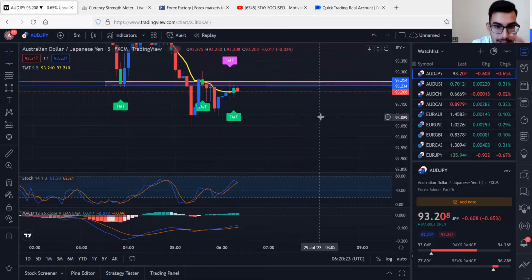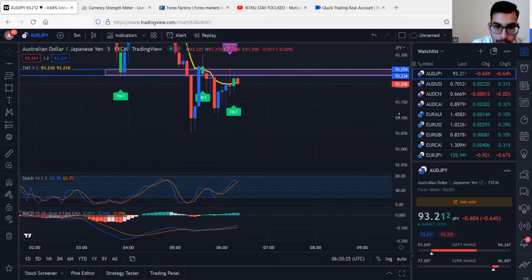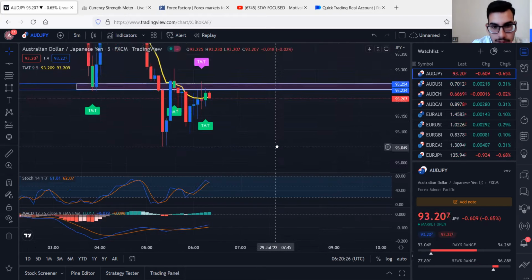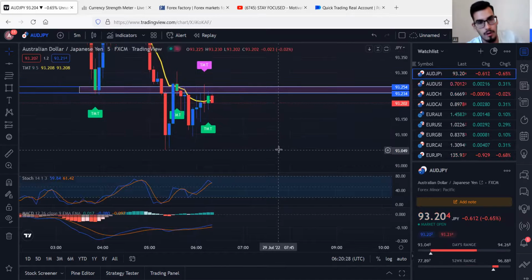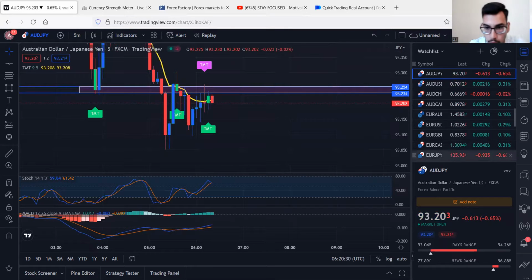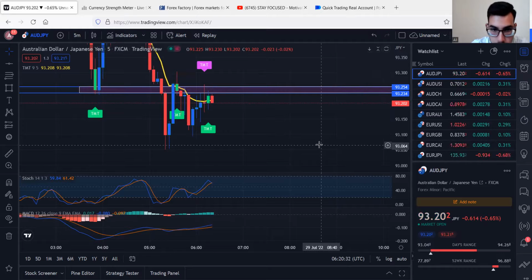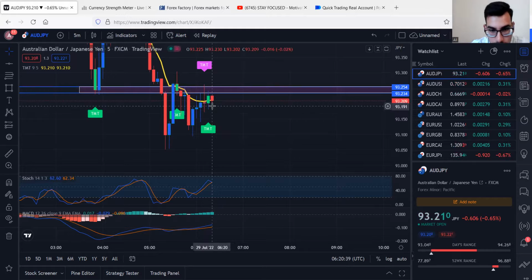Oh, wow, look at this. Wow. Don't tell me we'll miss this as well. Wow. So ladies and gentlemen, while we were focusing on Euro JPY, AUD JPY hit my area, the weak point, entered it, and now it's bearish. That's why I usually provide more areas in other currency pairs.